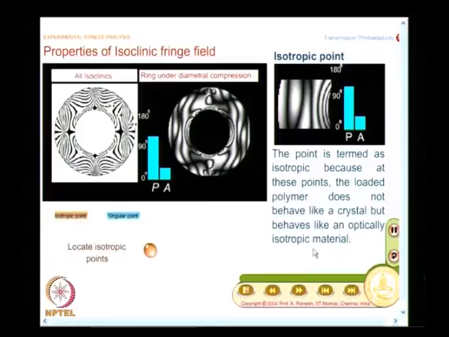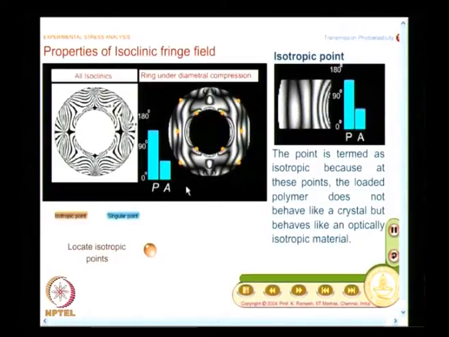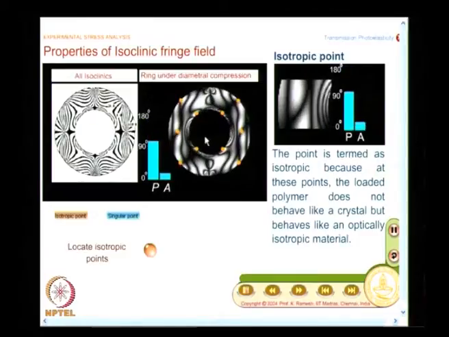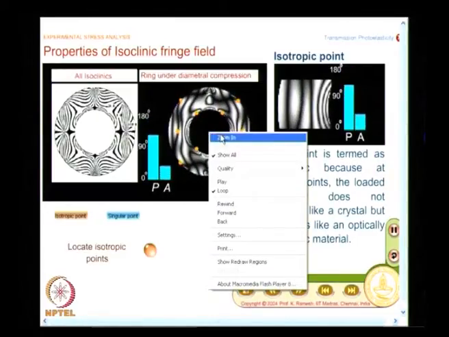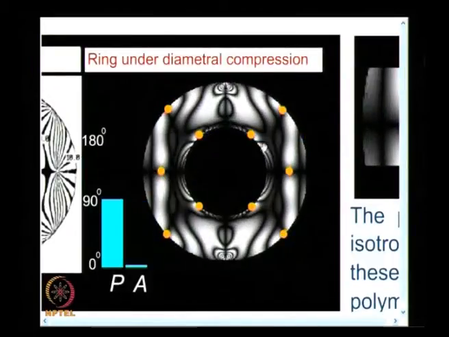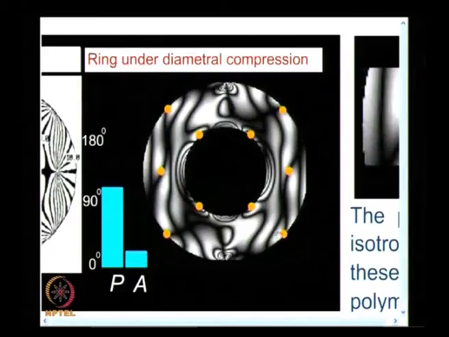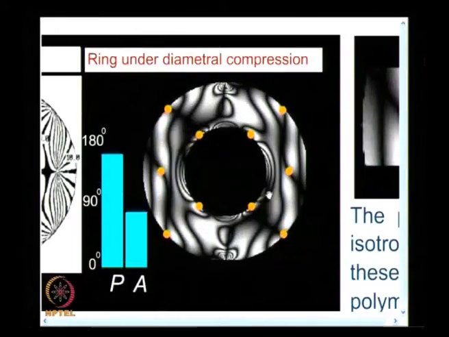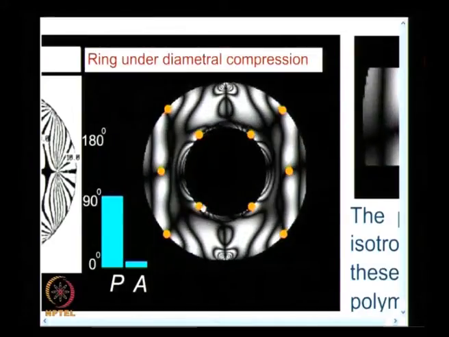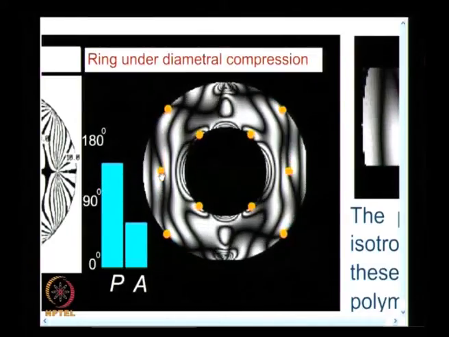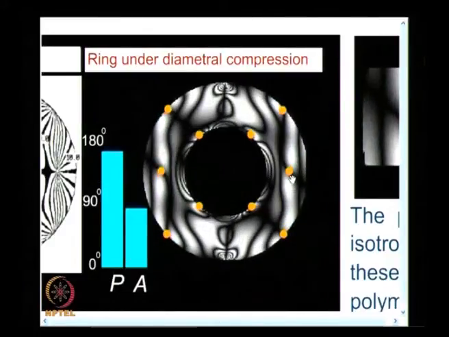So, you have several isotropic points located. The isotropic points are also now marked in the fringe field and you can have a look at it. So, what do I have here? I have 4 of them, 1, 2, 3, 4 on the outer boundary. I have 4 of them in the inner boundary, 1, 2, 3, 4 and 2 on the horizontal diameter of the ring.